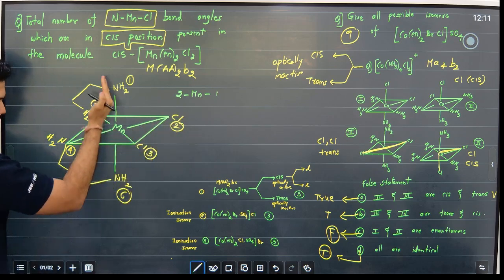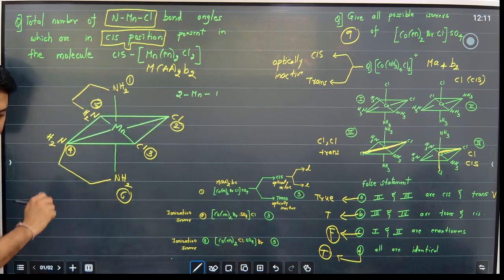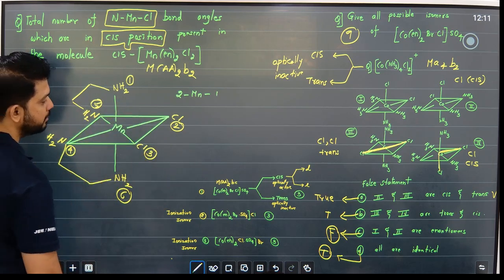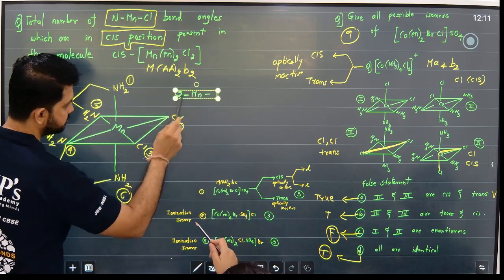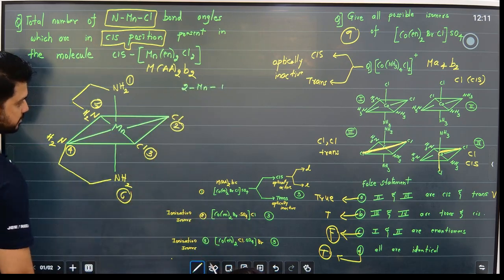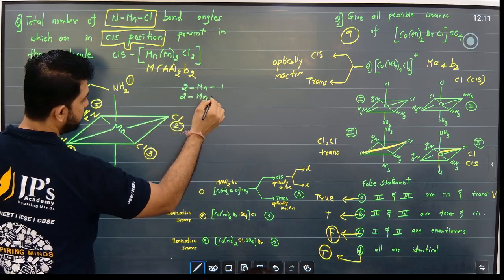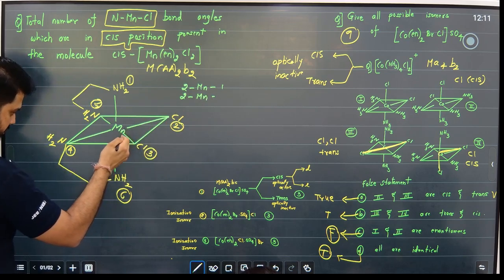What angle is this? Are we looking for such angles? So in total how many are there, you tell me. This is 90. Can someone give me one more 90 degree angle here? Starting from 2, Mn and 6.